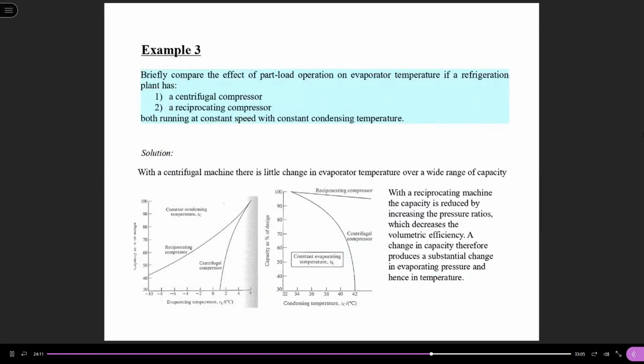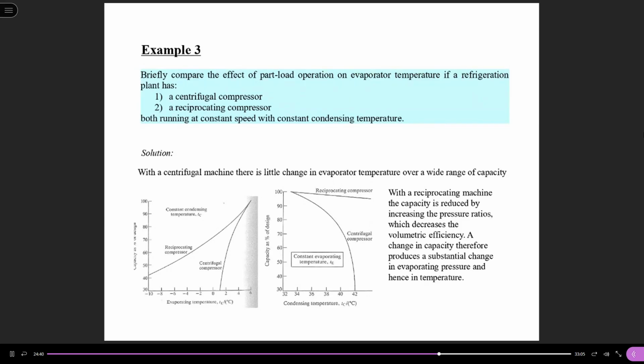So then we have one example. Let us compare the effect of part load operation on evaporator temperature for a centrifugal compressor and a reciprocating compressor. With a centrifugal machine, there is little change at part load in evaporator temperature over a wide range of capacity.